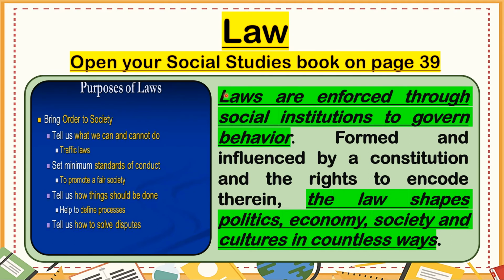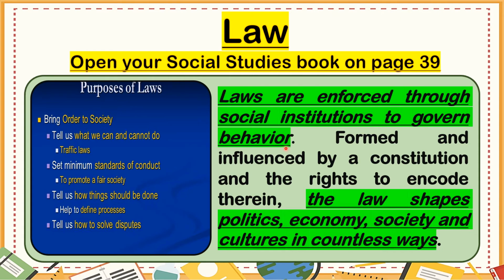What are laws? Laws are enforced through social institutions to govern behavior, formed and influenced by a constitution and the rights encoded therein. The law shapes politics, economy, society, and cultures in countless ways. So class, if you see these two underlined sentences, it means you have to highlight them because these two sentences are very important.